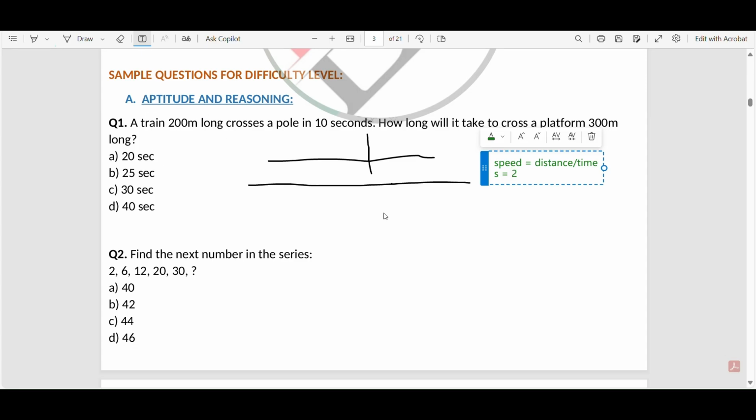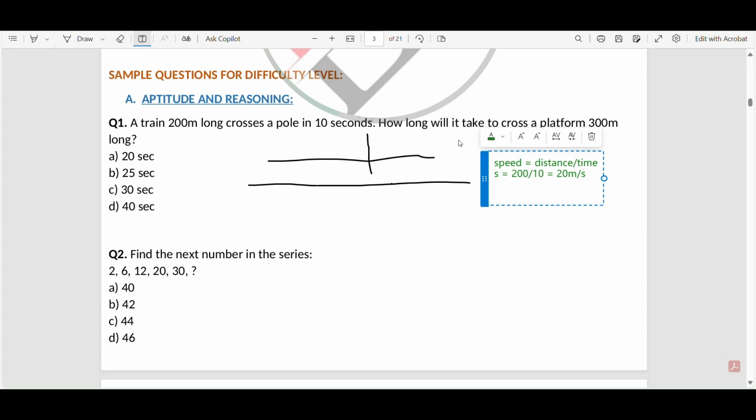So 200 divided by the time taken, which is 10 seconds. By doing this, we get 20 meters per second. This is the speed of the train with which it is traveling while crossing the pole.